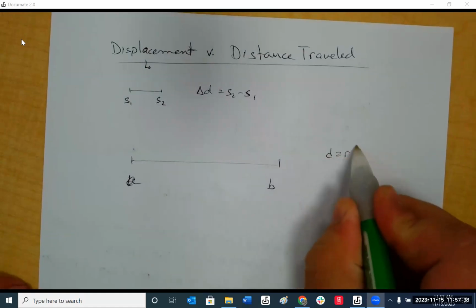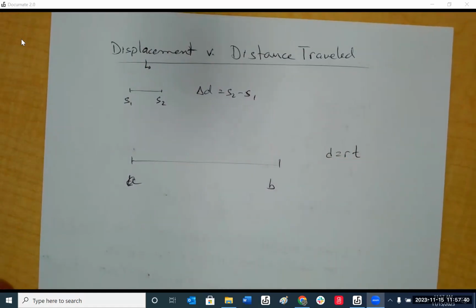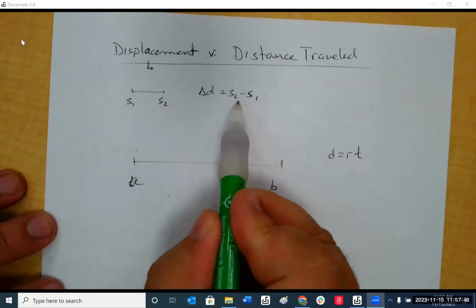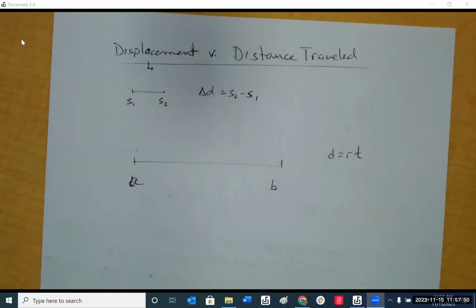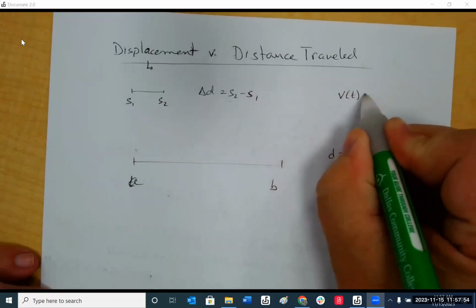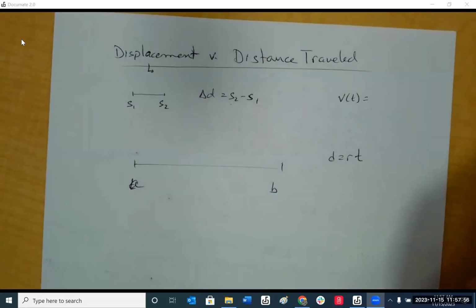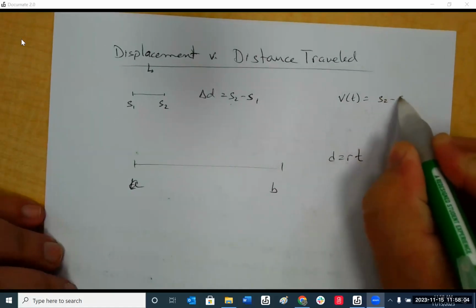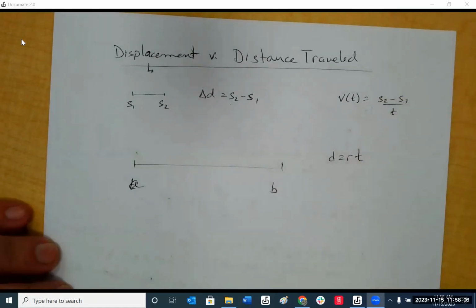That could also be distance equals rate times time. But our rate this time, since we're dealing with movement along a time interval, is the velocity. The velocity is the displacement of the position, s2 minus s1 over t, pretty much.